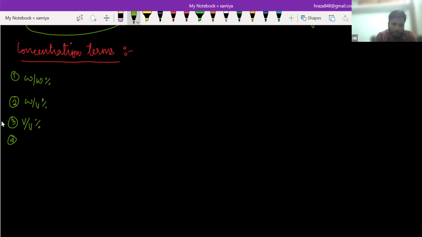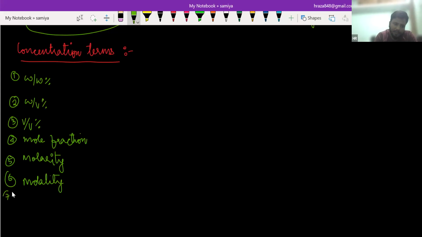The fourth one is mole fraction. The fifth one is molarity. The sixth one is molality. The seventh one is normality. And the last one is ppm, that means parts per million.